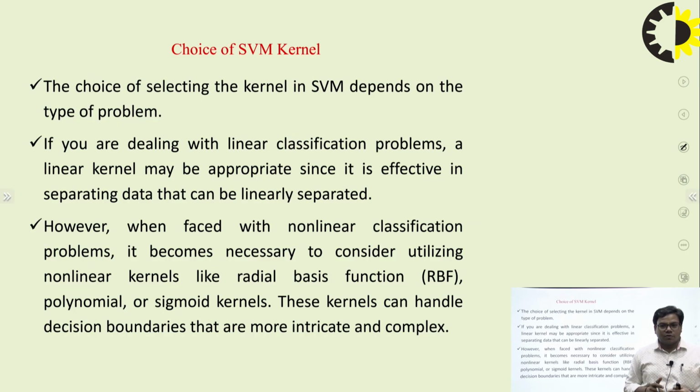We are not able to classify using a straight line with the linear kernel. Then which non-linear kernel must be chosen? We have the sigmoid kernel, the RBF, the Gaussian kernel. Which must be chosen?